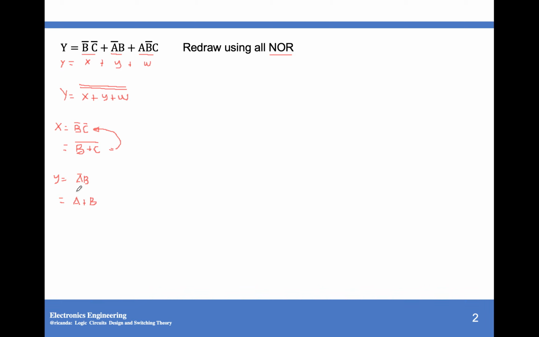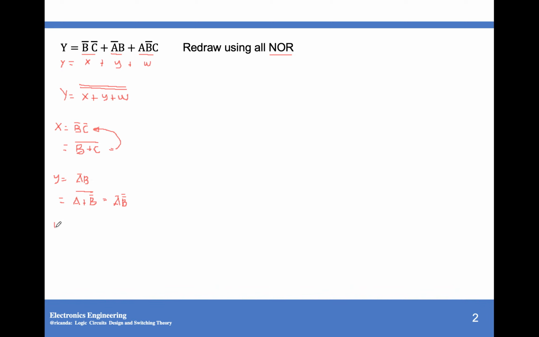If you break the bar, it will become e bar, then b bar. So we have a bar on b, but in your original expression, there is no bar on b. So we have to add a bar on b with that NOR. This now becomes a double bar, so using Boolean identities, it will now become b.